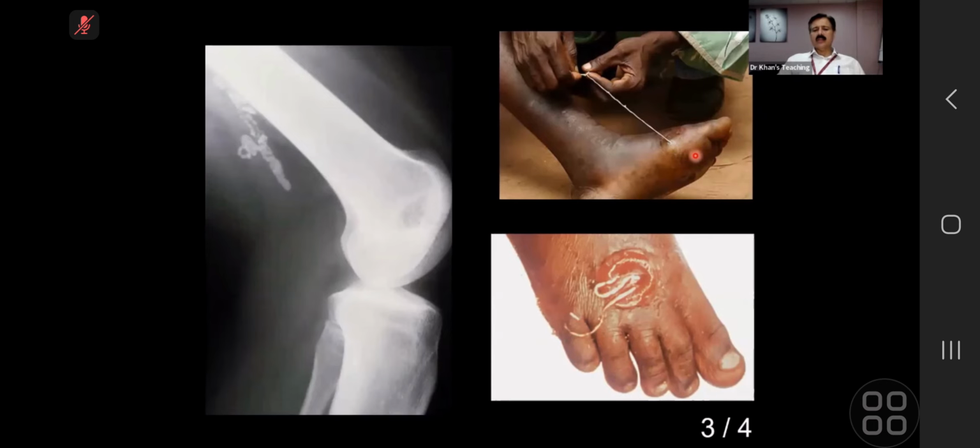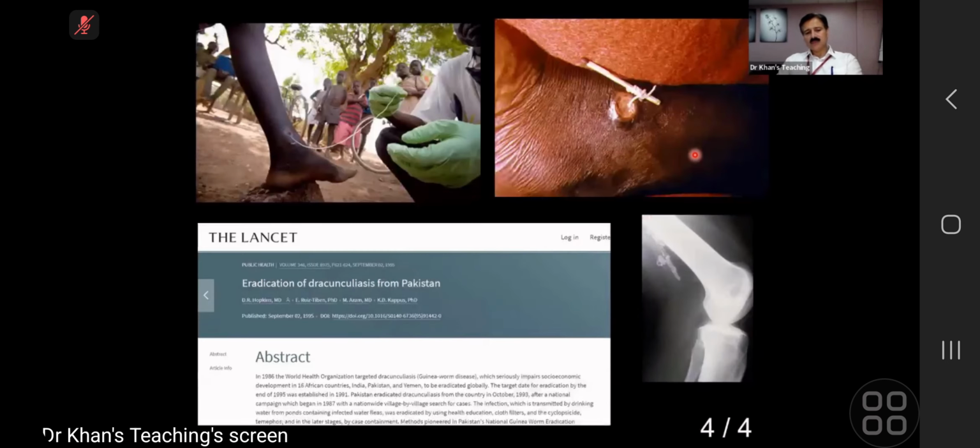This is a study published in the Lancet in 1996 and 95 actually. I'm from Pakistan, so I'm talking about Pakistan here because I've seen this disease in Pakistan in 1988. We have a desert there known as Thar Desert, and I've seen it myself.